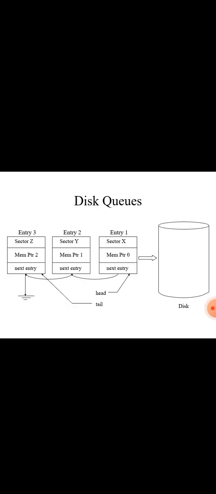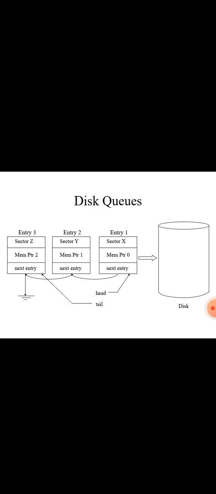Job 1 is entry 1, job 2 is entry 2 and job 3 is entry 3. Each entry has the sector X, the memory, and the next entry. When the first entry is finished, we go to the next entry, which also has a sector name. For example, the first entry has sector X, the second one is sector Y, and the memory pointer is 1, then go to the next entry.